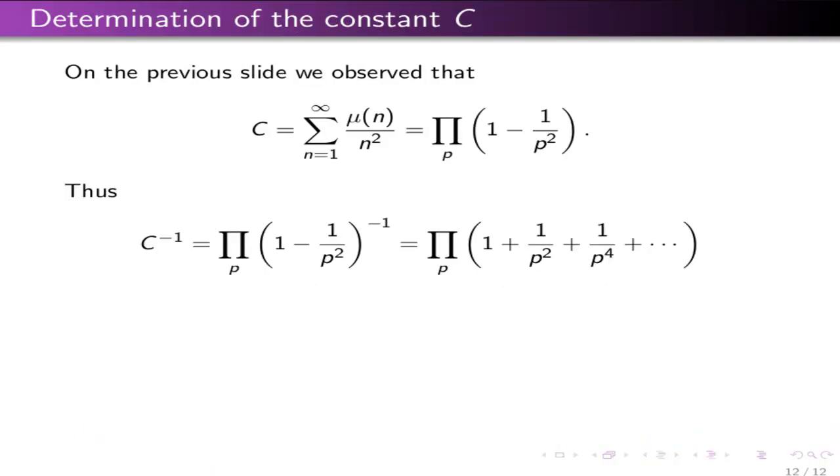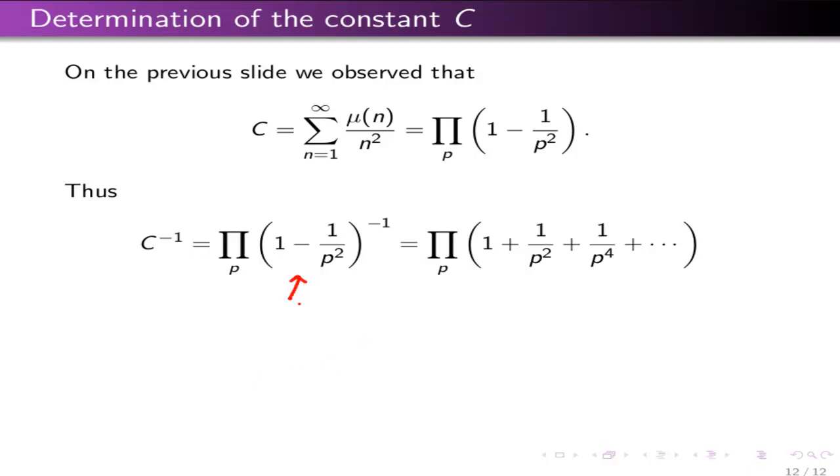As far as calculating that value of C, we observed on the previous slide that C, which is this infinite series right here, equals this product over the primes. Now if I look at the reciprocal of C, C inverse, that would be the product over all primes of 1 minus 1 over p squared to the -1 power.